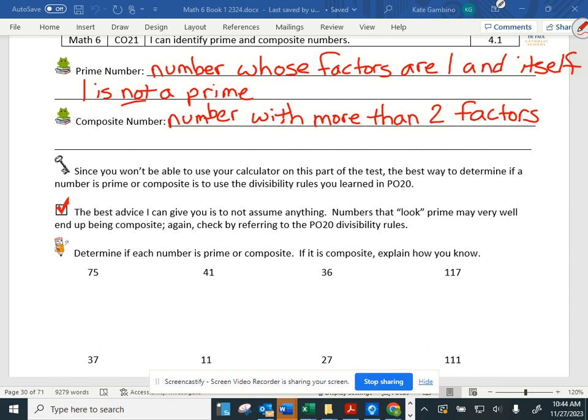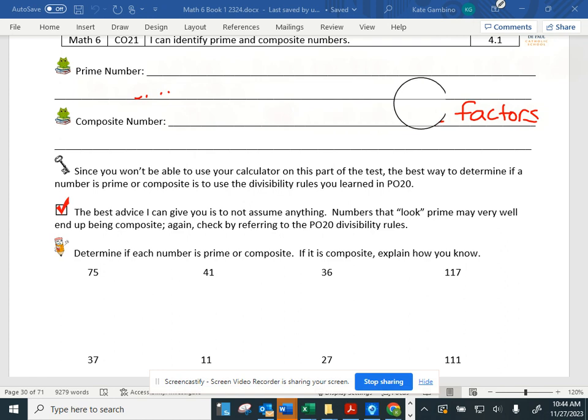But just know, if it's a composite, you need to know that it's divisible by other factors. It might ask you for that. If you know it's a composite, you'll know which one you can divide it by. I'll have to look that one up later. Any other questions on prime and composites? All right.